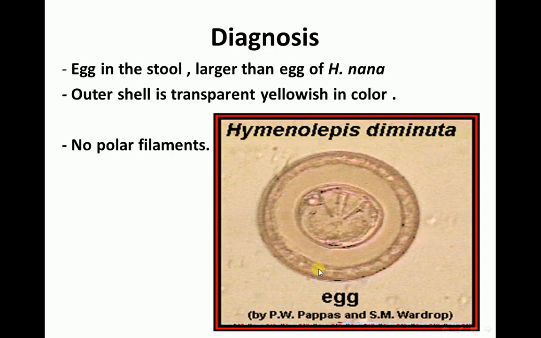Eggs are larger than Hymenolepis nana eggs. Outer shell is transparent, yellowish in color. Between outer membrane and embryophore, we can't see polar filaments. There are no polar filaments.